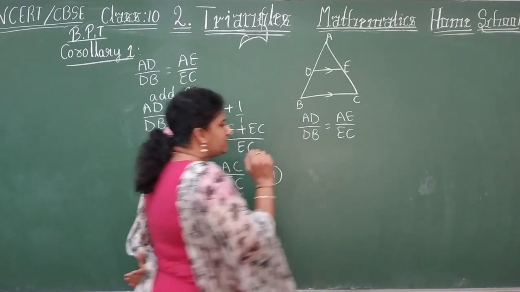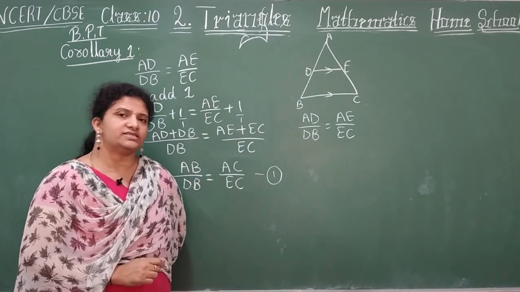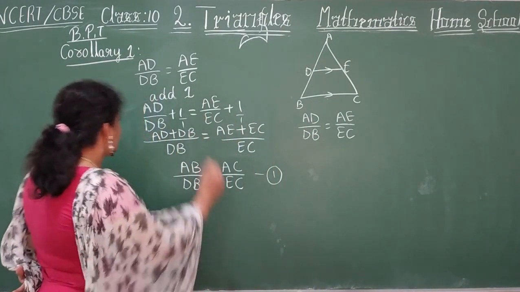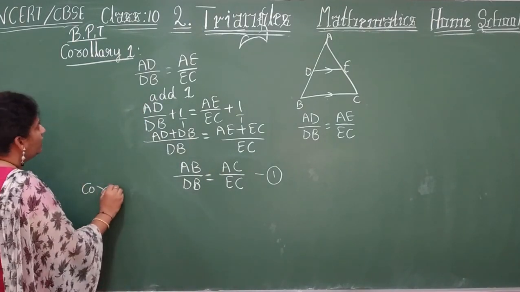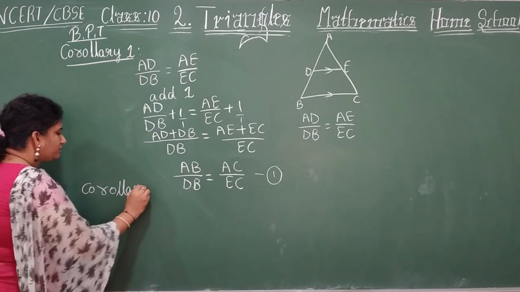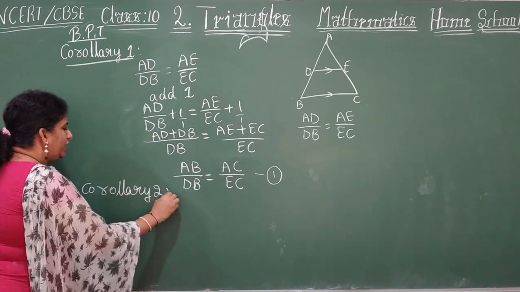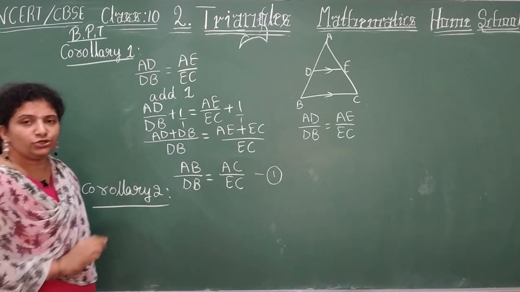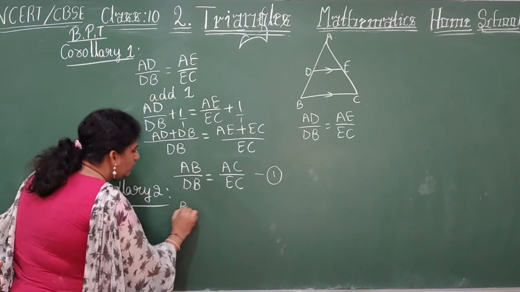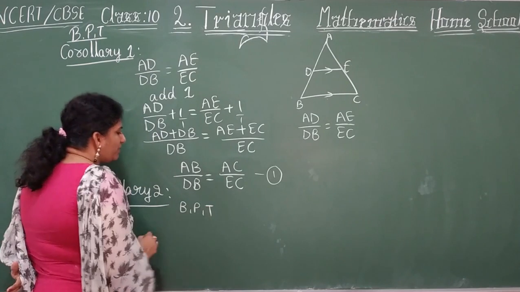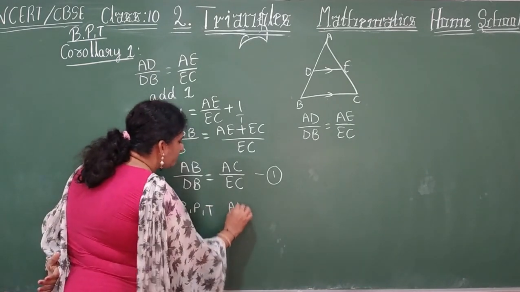So, second corollary. How do you get your second corollary here? So let me do here the second corollary. How do we get the corollary? Corollary 2: just do the reciprocal of BPT. So, what is your BPT ratio here, children?